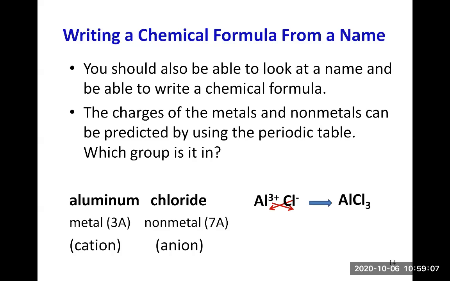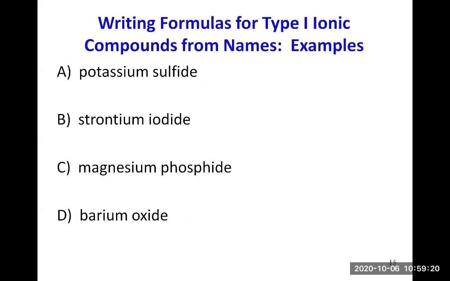And so it becomes AlCl3. The subscript of 1 is implied, it's not written down. So that's the formula for aluminum chloride. So let's look at examples here.